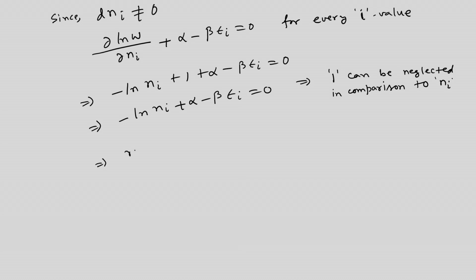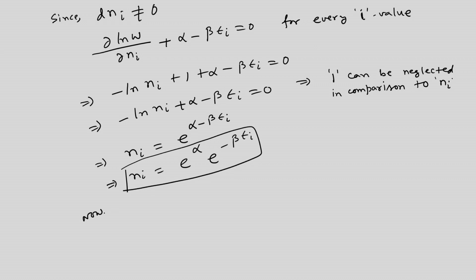Okay, so what do we get? We get n_i is e to the alpha minus beta epsilon_i. Or we can write n_i is e to the alpha e to the minus beta epsilon_i. So, this is the expression we have obtained.